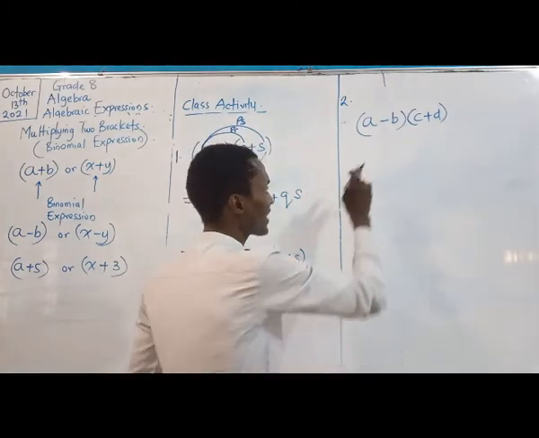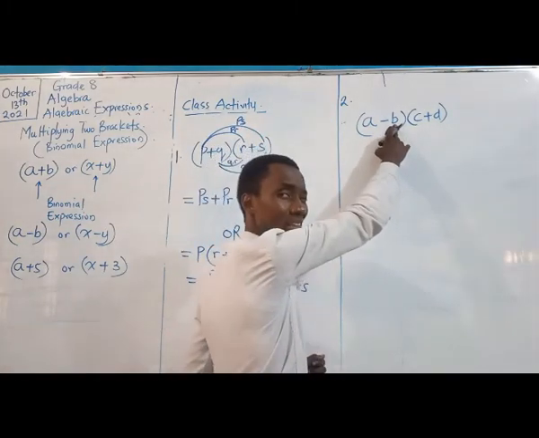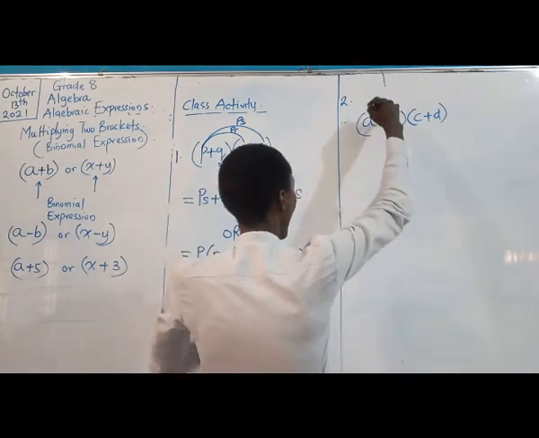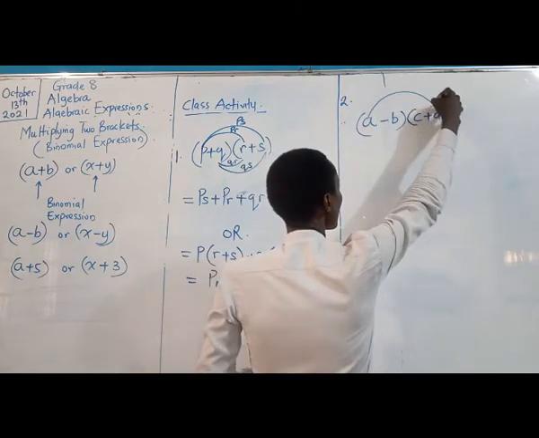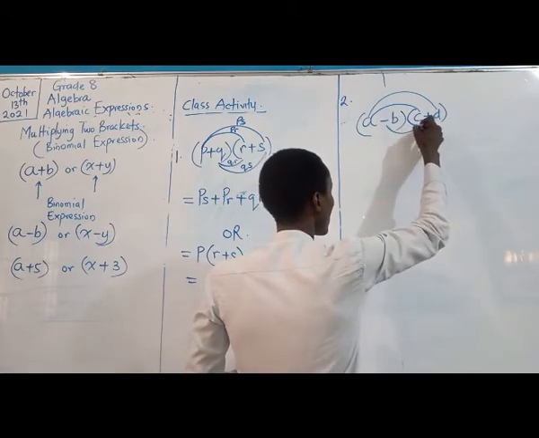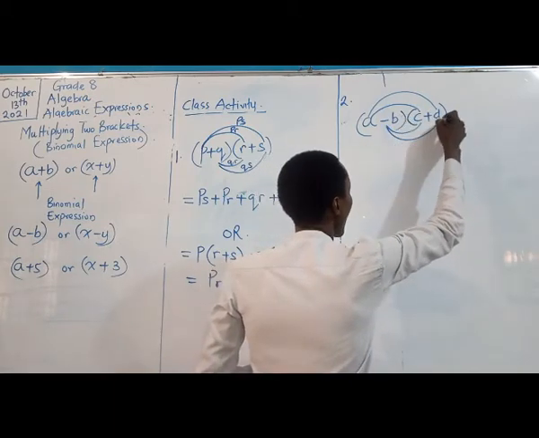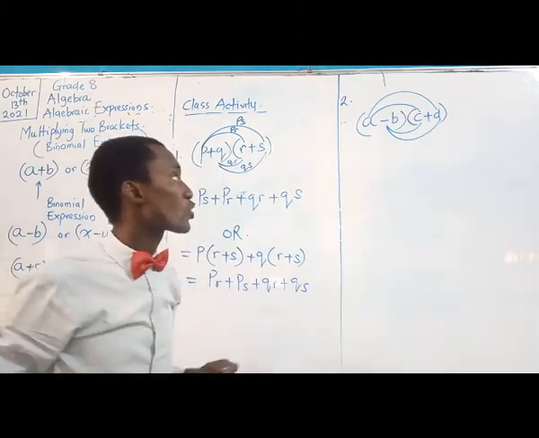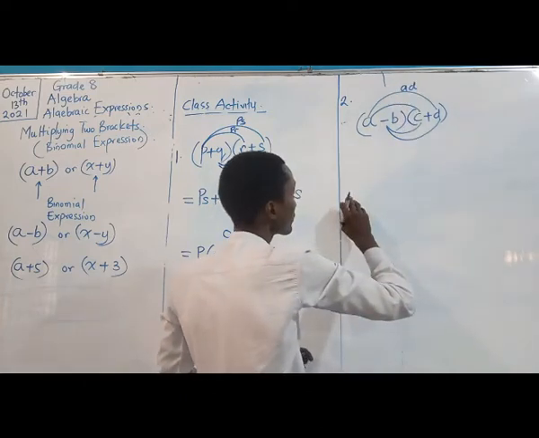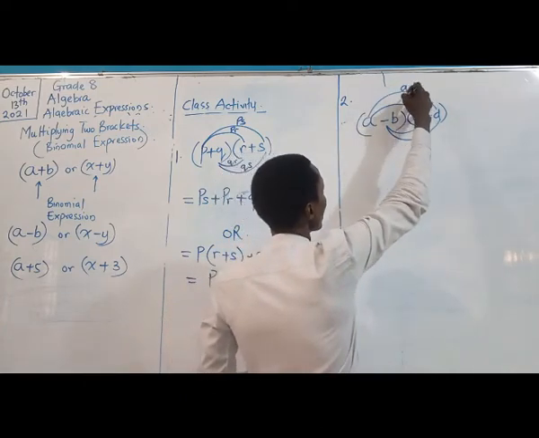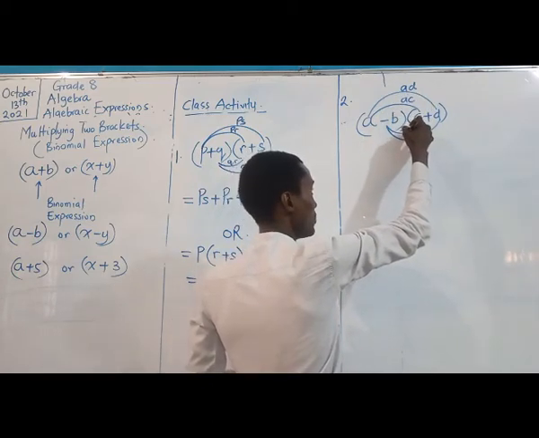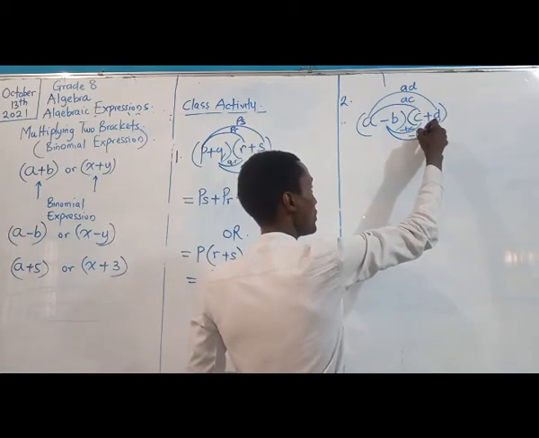Now, to use this, remember that this negative is tied to B. This negative is tied to B, so remember that. So we use our array method. This closing, and this out. So what we do is to write the answer. AD, AC, minus BC, minus BD.